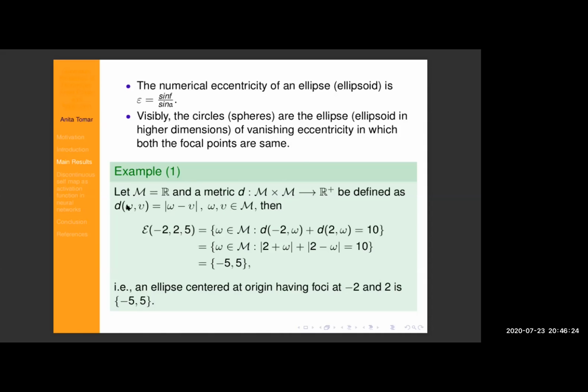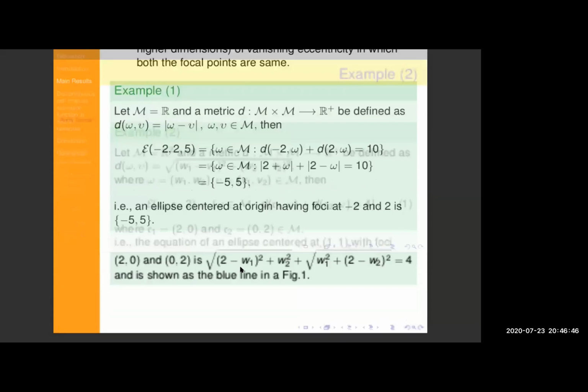If we define the usual metric on the set of real numbers, and take one focus at -2, another focus at 2, and take the length of the semi-major axis as 5, then with reference to this metric the ellipse is equal to the set of points -5 and 5.